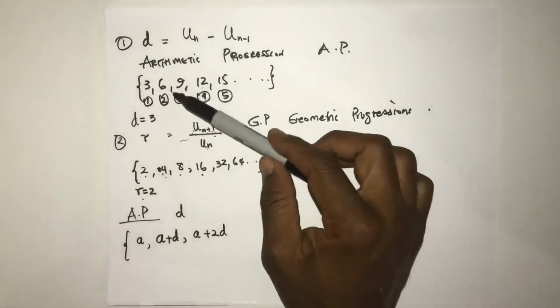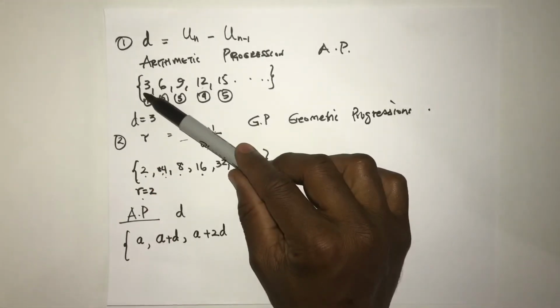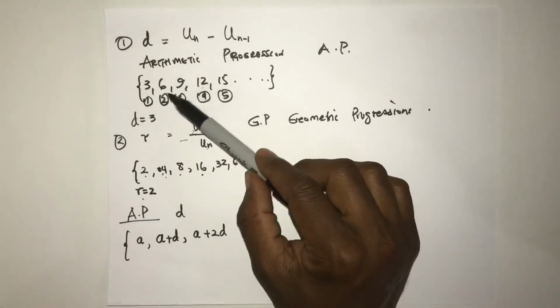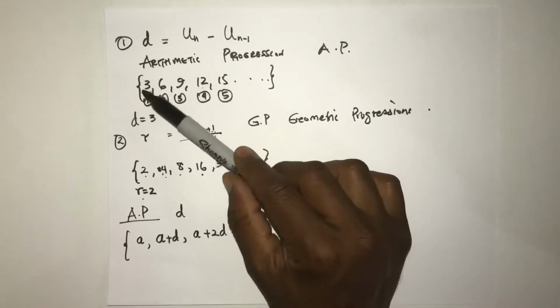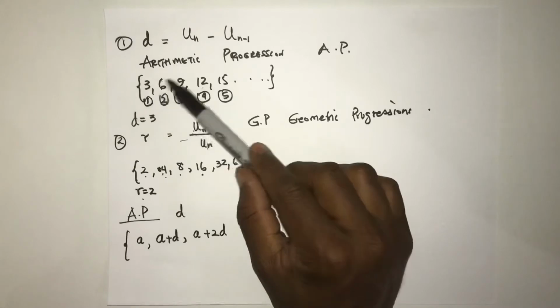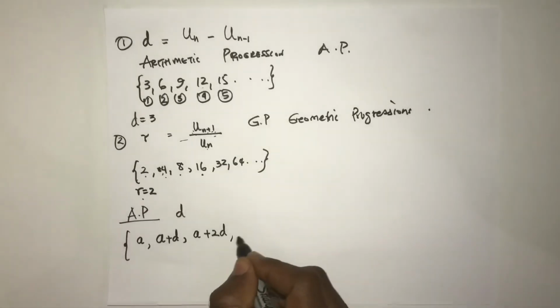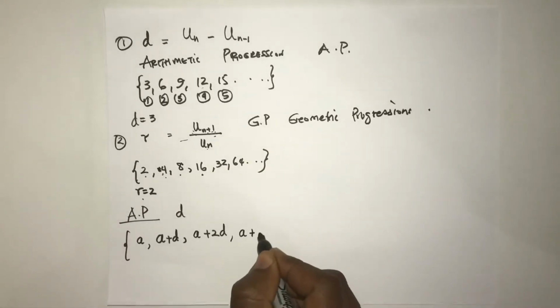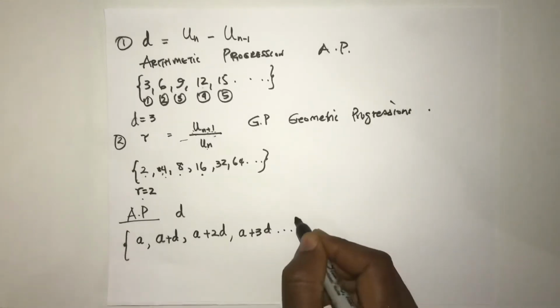So right here we can see 3 is the first term. The third term is 2 times D plus A. So 2 times 3 is 6, plus A, which is 3, would give you 9. And this continues in that pattern or sequence. So this would be 3D and so forth.